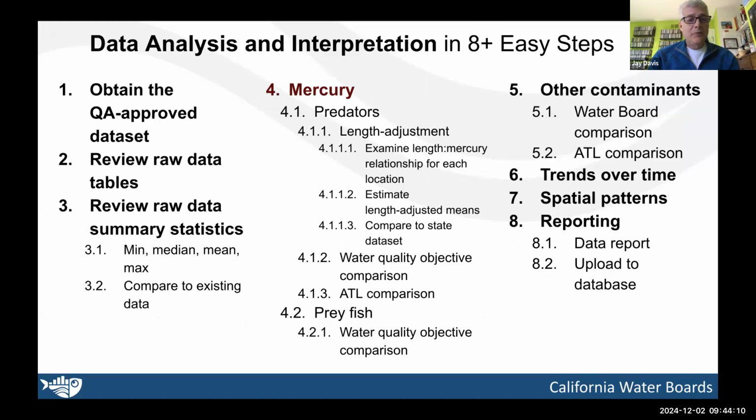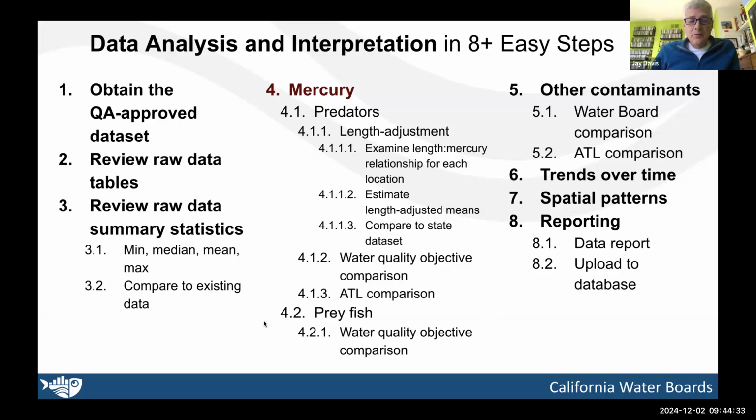So it was handy for me, and I hope it's handy for you all, to see this laid out in one slide as an overall outline. And I'll walk through the steps. And you'll see, just looking at this slide, things get complicated for mercury, but it's worth the effort to understand what's going on for mercury.